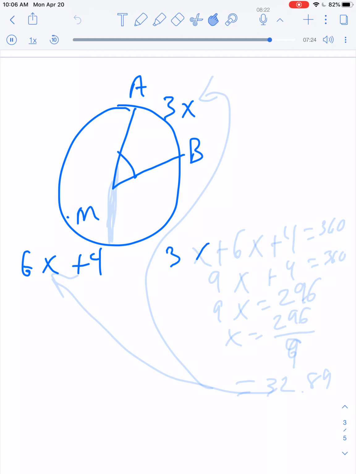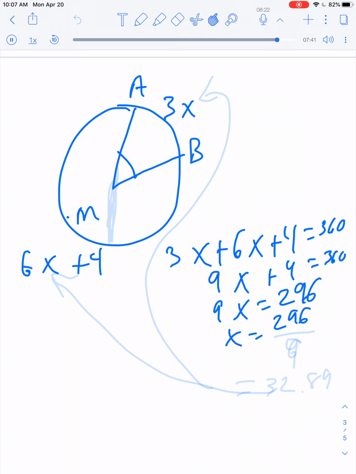Well, we know that 3x plus 6x plus 4 equals 360. 9x plus 4 equals 360. 9x then would be 356. And then x would be 296 divided by 9, which on my calculator gives me 32.8.